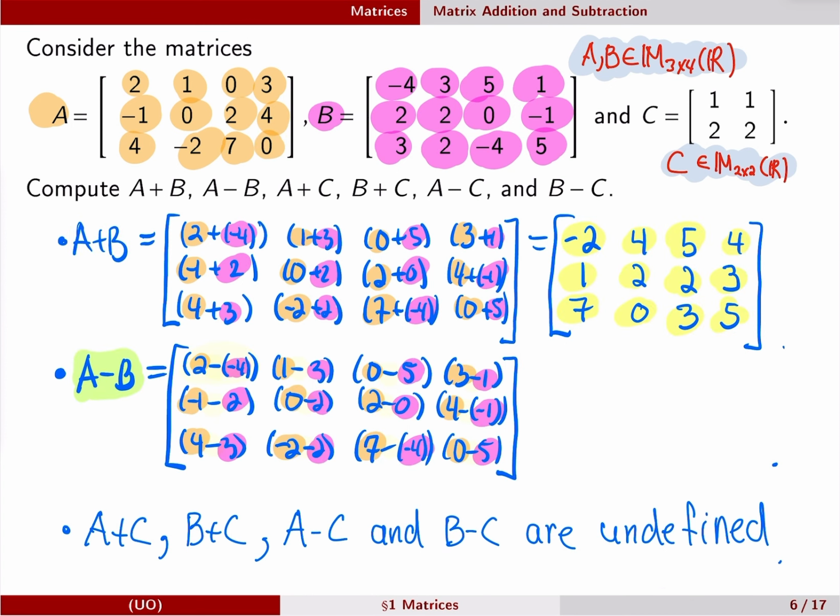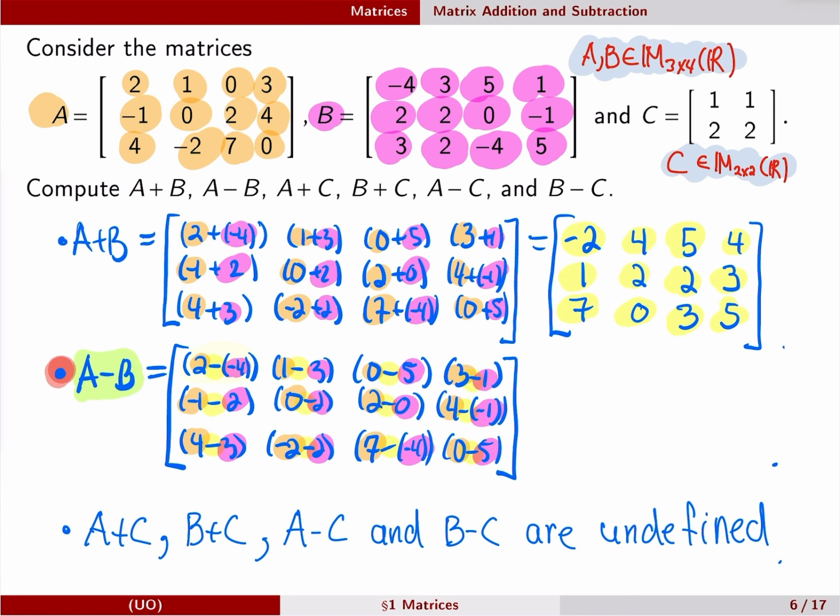For the subtraction of A minus B, you put the numbers in the exact same spot, but the only difference is instead of adding, you're simply going to be subtracting. So here you see now I have a minus between the entries, and I just do my operation.